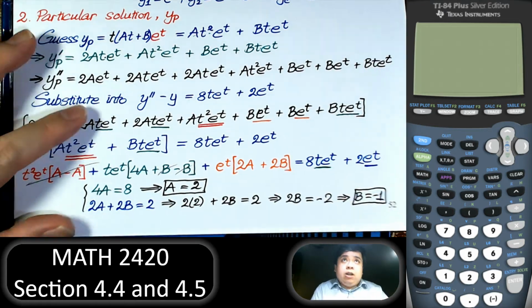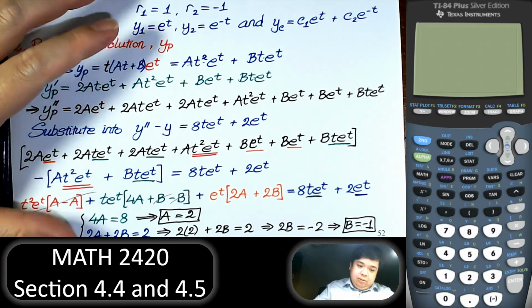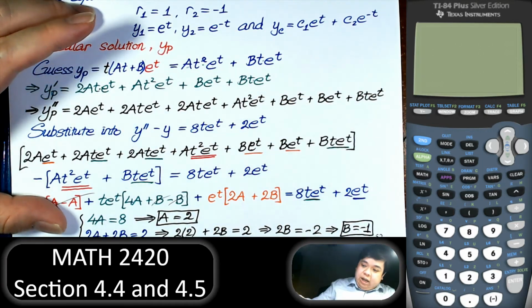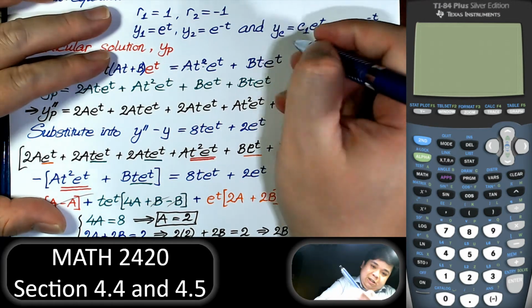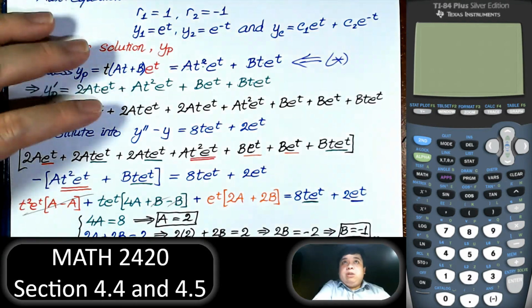Now, the particular solution is in this form. This is the guess. So we substitute into that.